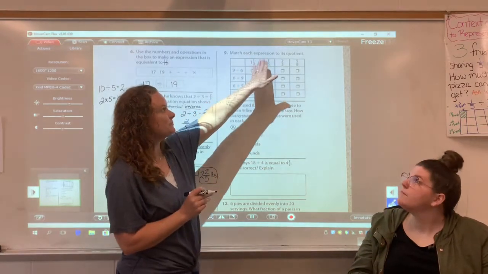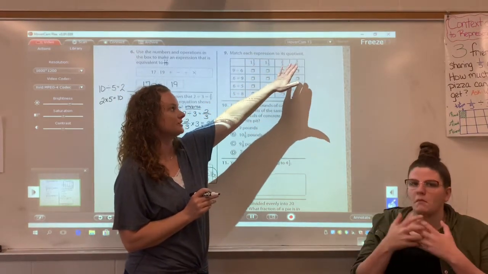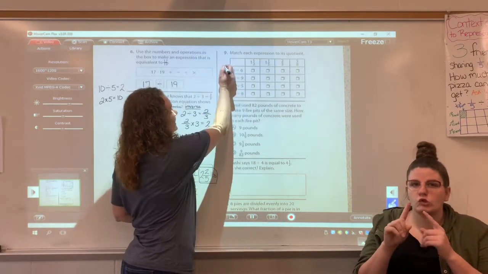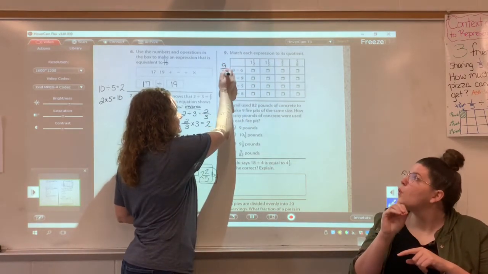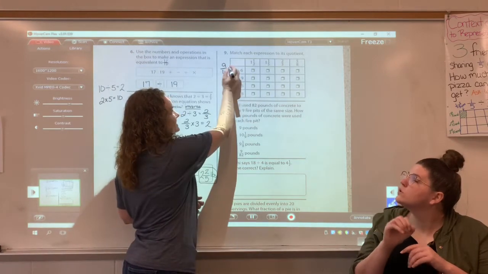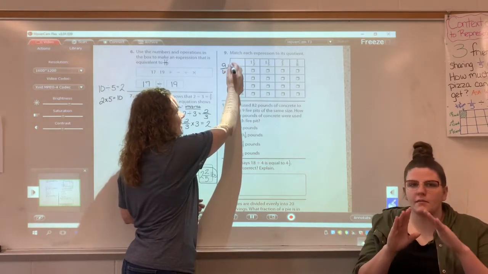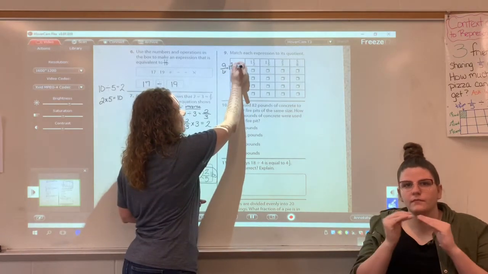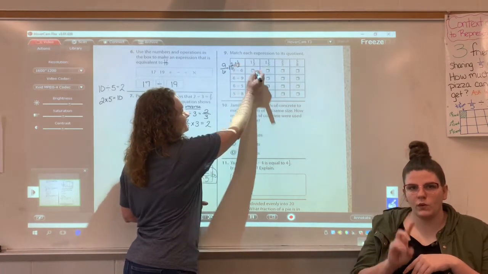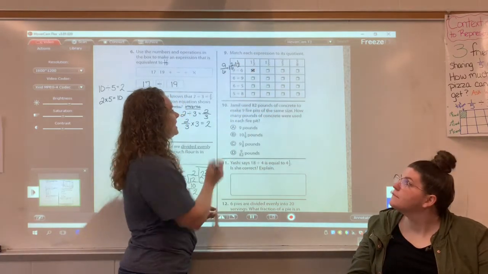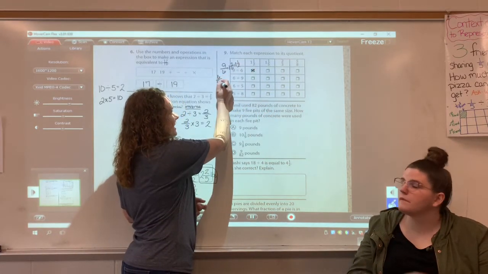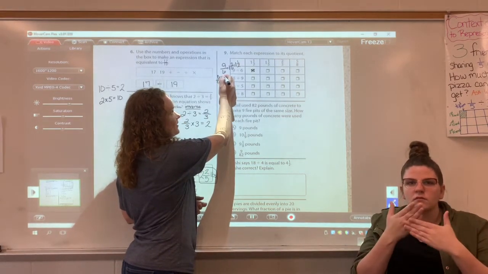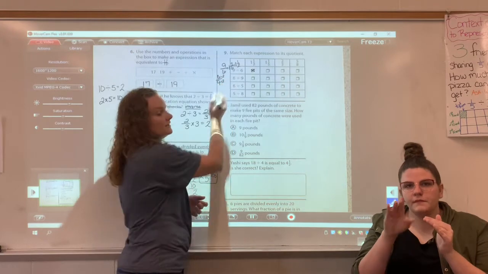This one here, we're going to match each expression to its quotient. This one says 9 divided by 6, okay? So 9 divided by 6 would equal 1 3/6, which is also equal to 1 1/2. 6 divided by 9, we would simplify them down by 2 because they're both even numbers.